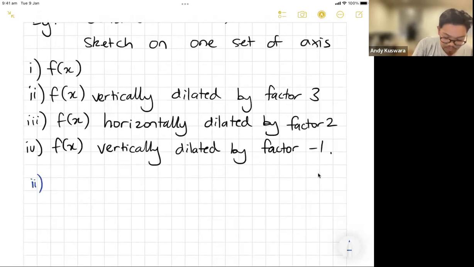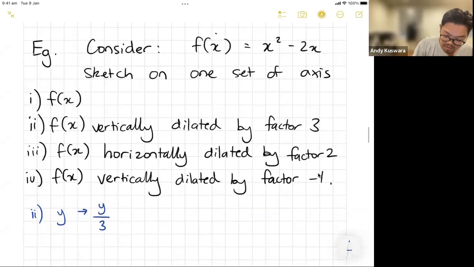So for 2, vertically dilate means, vertically is y. So that means every time I see y, I'm going to replace it with y on my factor, which in this case is 3. Essentially, instead of f(x), I'm going to write y on 3 equals x squared minus 2x.